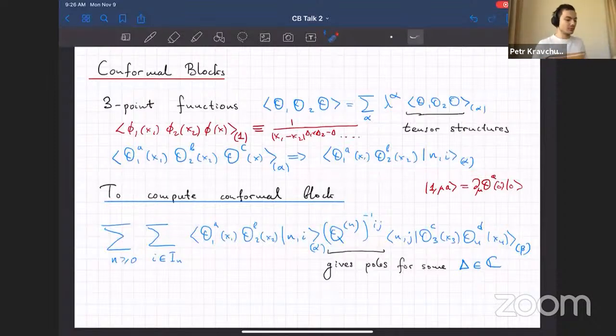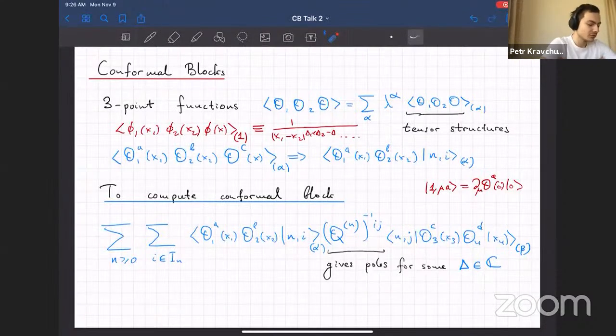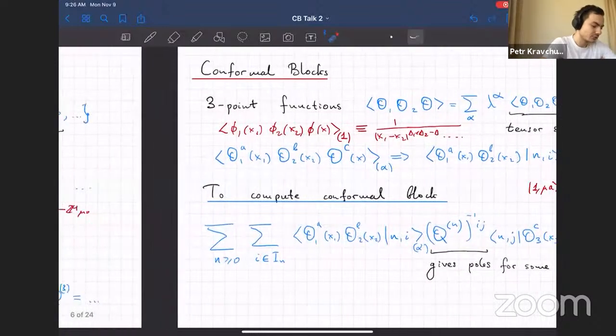And then if you go back to the definition of the conformal block, the conformal blocks will be computed by taking the state created by O1 and O2, the state created by O3 and O4, assuming some particular 3-point tensor structures for the way they create states, and summing over all intermediate states in our representation of H_O.